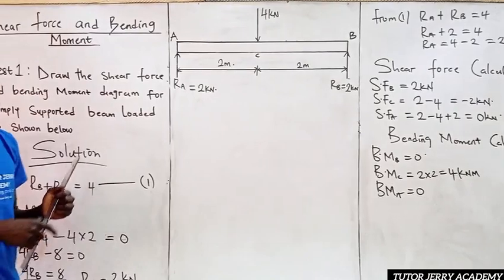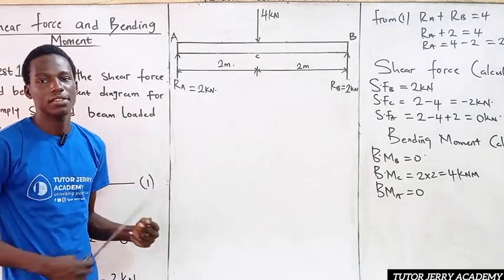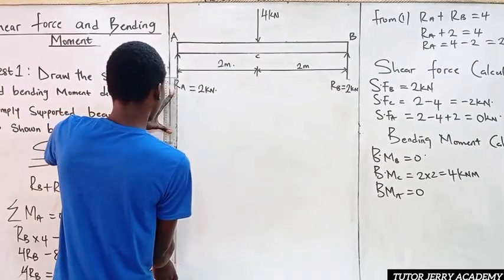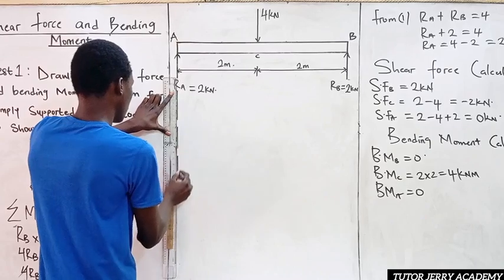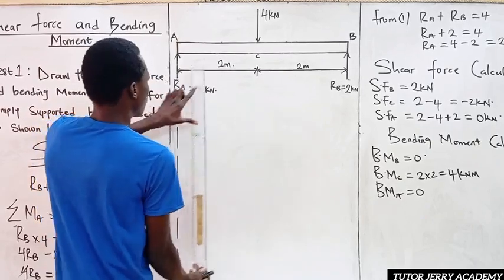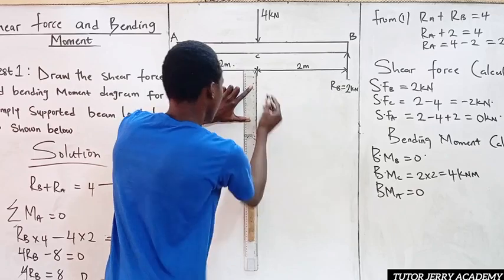So let's do that. I'm going to be drawing out my lines. I'm going to be tracing this line with a dotted line. So this is what I have. Similarly for here, to have a dotted line traced.